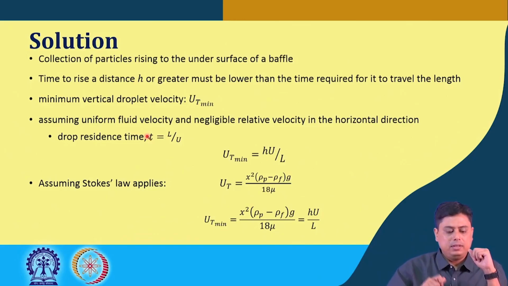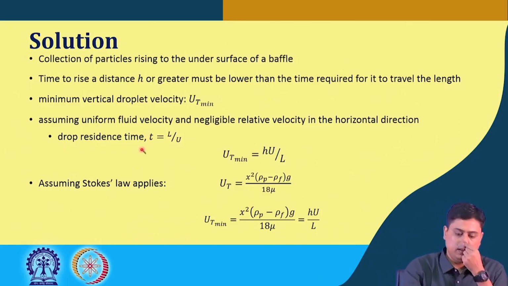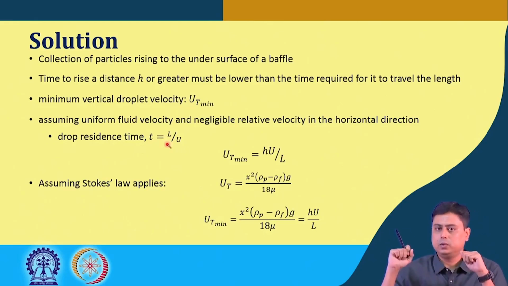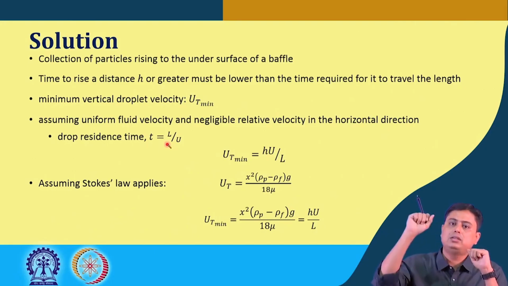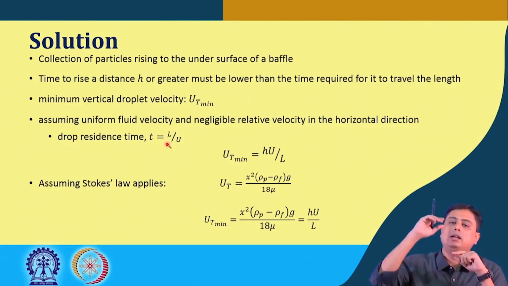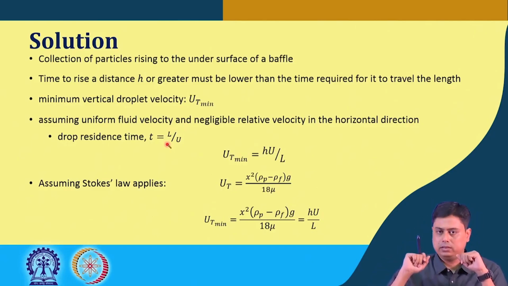So, if that happens, then the drop residence time inside the chamber is the length divided by the fluid velocity. In this time, it must rise this small height h, to the under surface of this baffle. This is the minimum requirement.